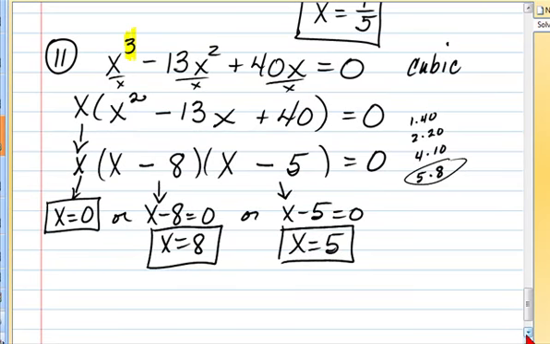If you took that concept a little bit further, you would come up with what's called the fundamental theorem of algebra. I mean, that sounds like a pretty big deal. You talk about it in college algebra. What it basically says is whatever the degree of the equation is, that's how many answers you're going to get.